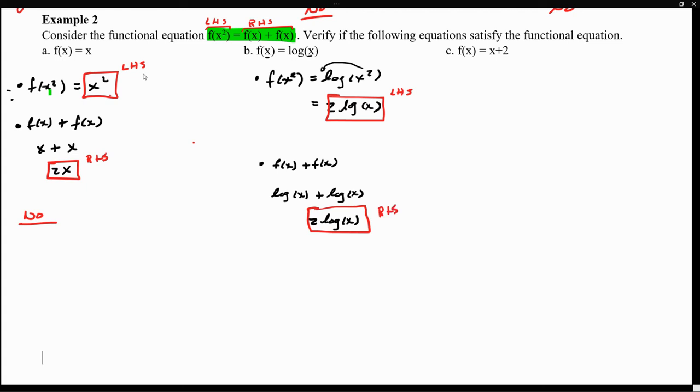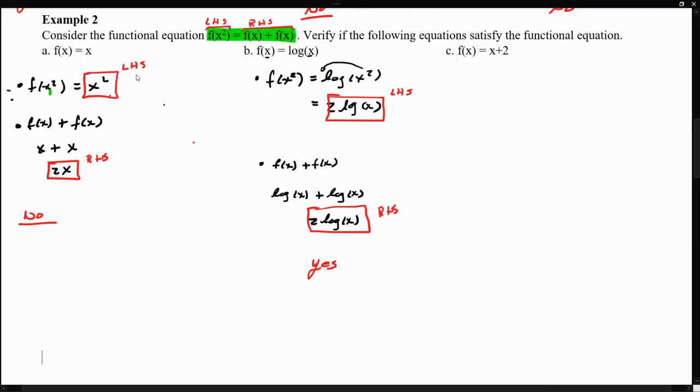So when I use the function log of x, I fulfill this condition. I just showed that the left is equal to the right. So therefore, the function log of x is a solution of this functional equation.